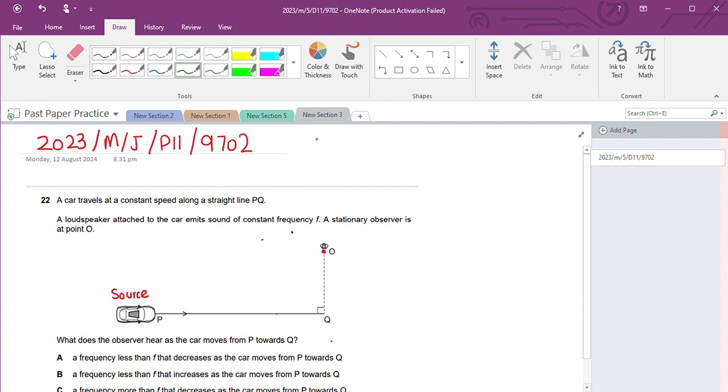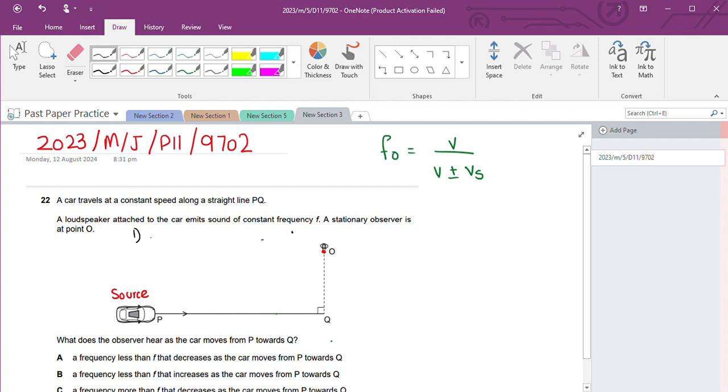Clearly, it's from the subtopic Doppler effect. We know the general formula for the frequency of the observer is equal to speed over speed plus or minus speed s. We have two conditions. We should know about them.